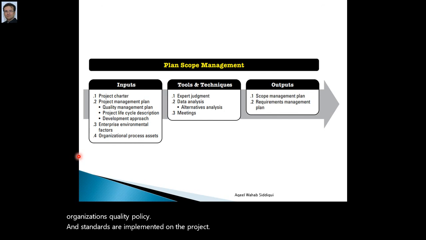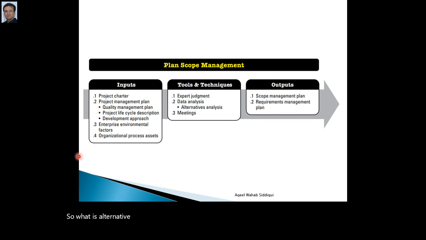Then we have, in tools and techniques, expert judgment and meetings. These are the common tools and techniques of different processes in project management, along with data analysis, where we use specifically alternative analysis. So what is alternative analysis?